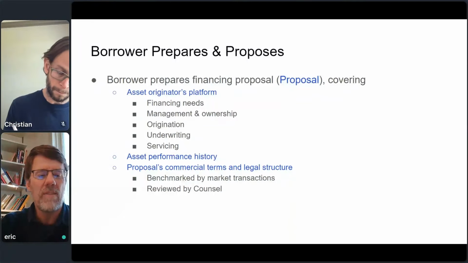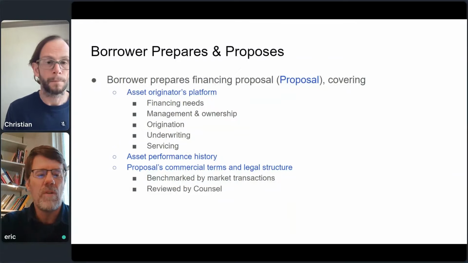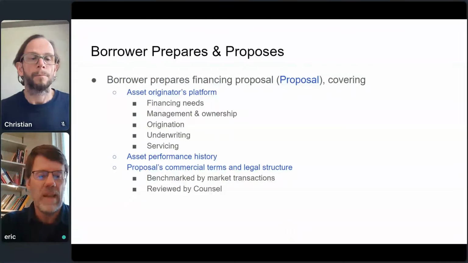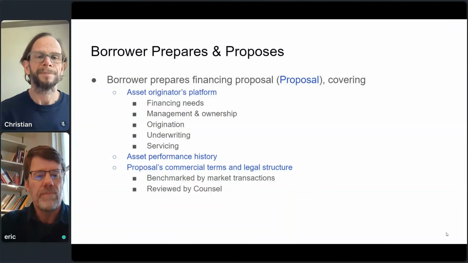It's a complex series of things to be done. And if the borrower really doesn't have a good idea what they're doing, it's very, very time consuming and difficult to close a transaction with inexperienced borrowers without the right counsel. A number of lenders will probably just choose not to engage. It's just too difficult. Next slide, please.